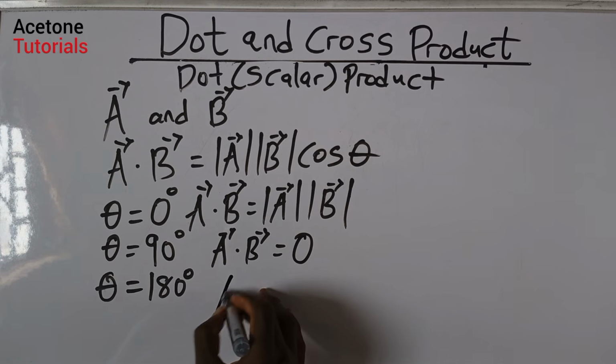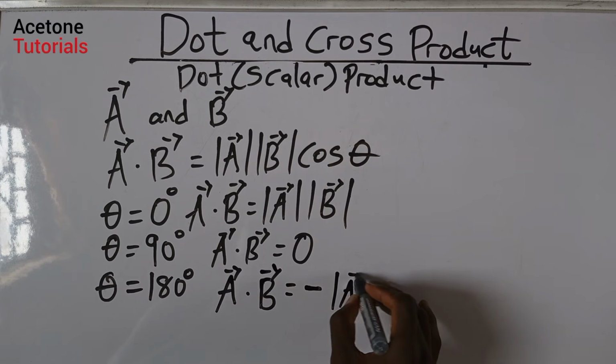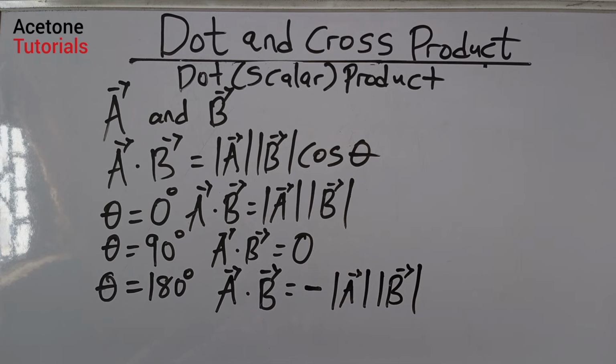So A dot B is equal to minus the magnitude of A multiplied by the magnitude of B. So the dot product of two anti-parallel vectors is equal to the negative of the product of their magnitudes, and it is the minimum dot product. So the dot product is maximum when they are parallel, it is 0 when they are perpendicular, and it is minimum when they are anti-parallel.